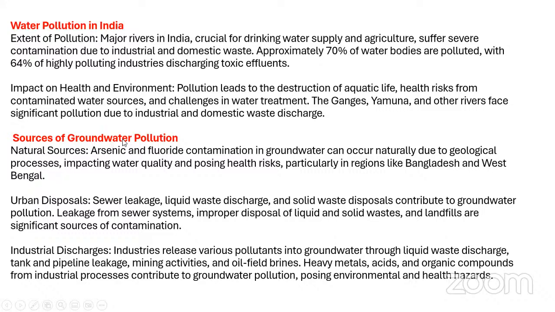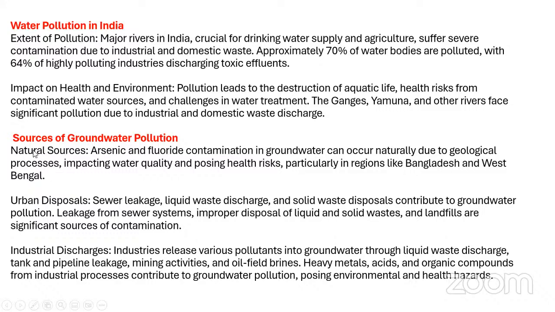So regarding the sources of groundwater pollution, particularly in India, we have discussed the situation in India, what percentage of water bodies are affected, which industries are affecting groundwater quality, how much percentage of industries are discharging their effluents, and the impact on health and environment related to groundwater quality.